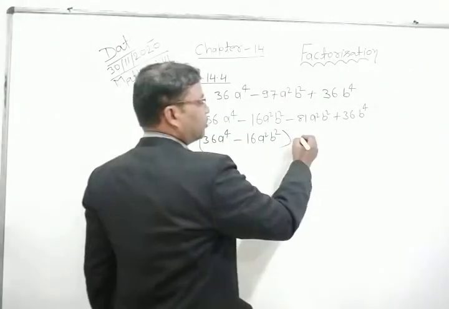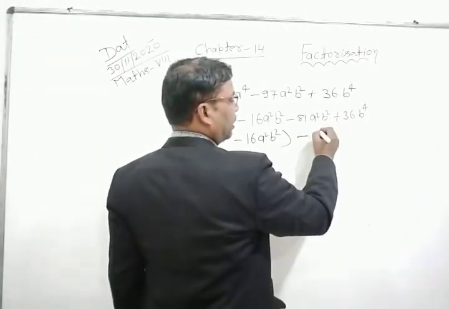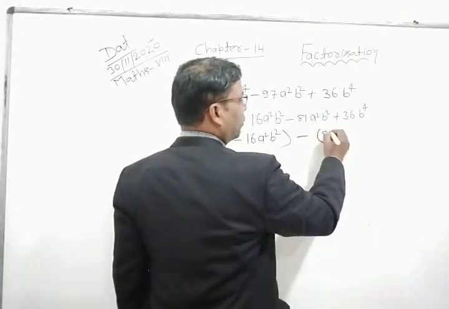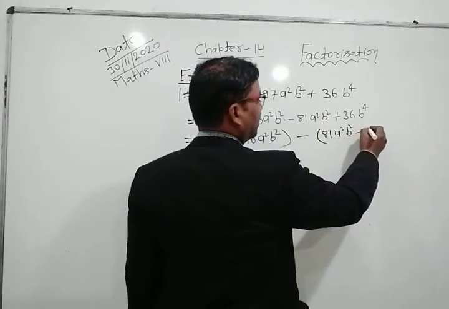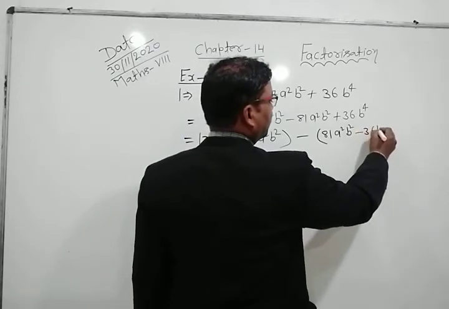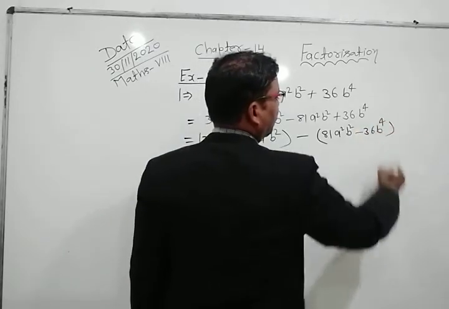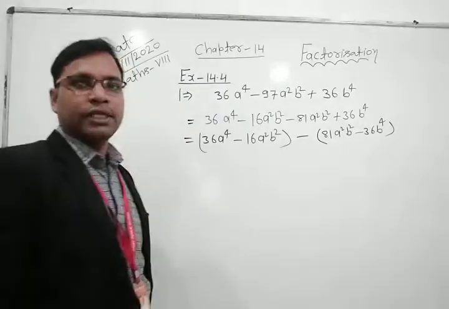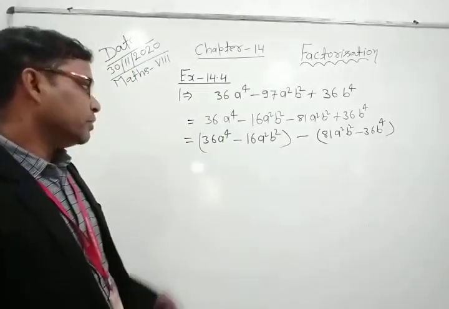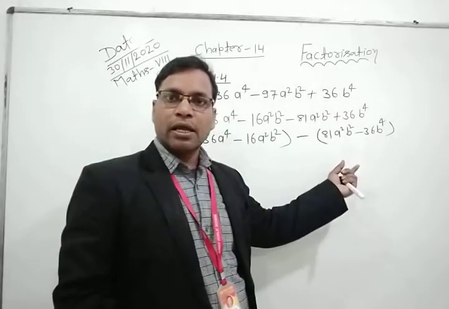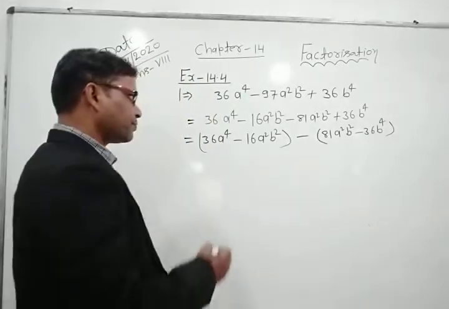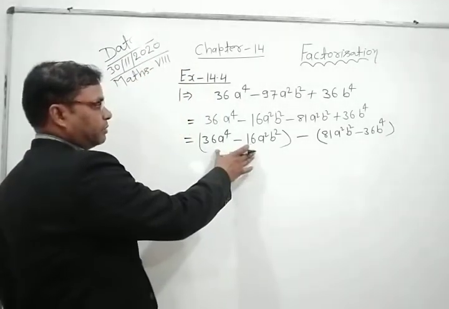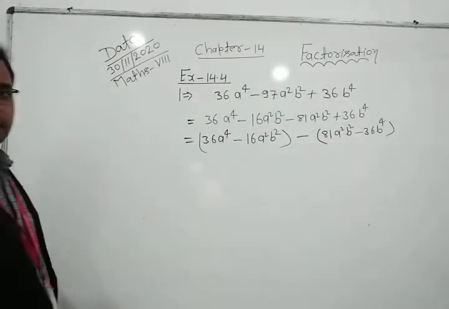Now we take minus common from the rest, and we have 81a^2b^2 minus 36b^4. This is clear. Now this is our first group, this is our second group. So what is common between them?